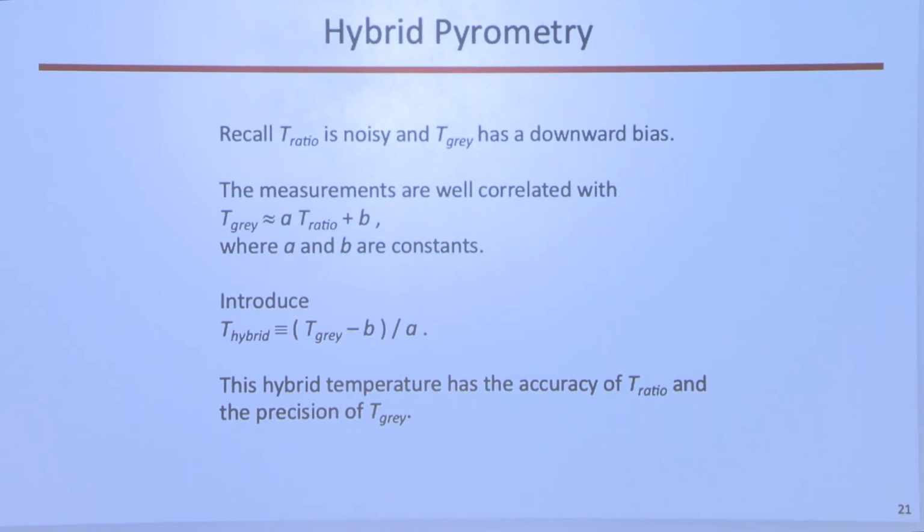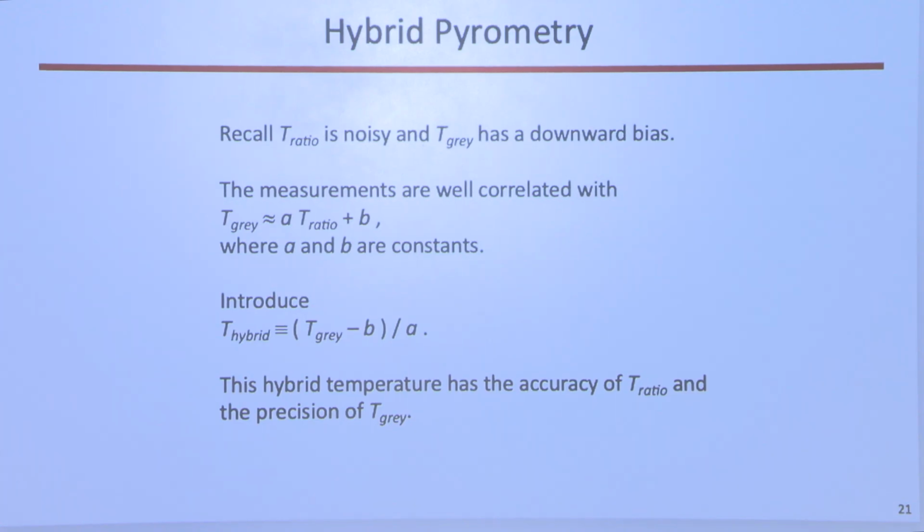And so then we can introduce this new temperature, which we call the hybrid temperature. It's really a hybrid of the gray and the ratio temperatures, using those A and B fitting constants. And so now, at every pixel, we can get the hybrid temperature. This is a temperature that has the advantages of the grayscale pyrometry, with its excellent precision, and the ratio pyrometry, which doesn't have a bias and accounts for the emissivity.